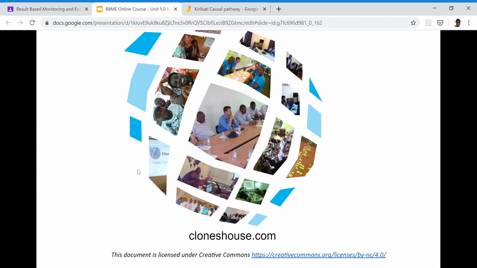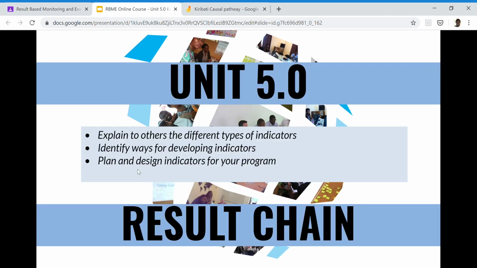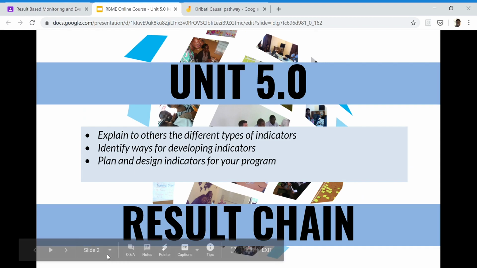So let's get things started. Unit 5, this is actually supposed to be key indicators. Apologies for that.